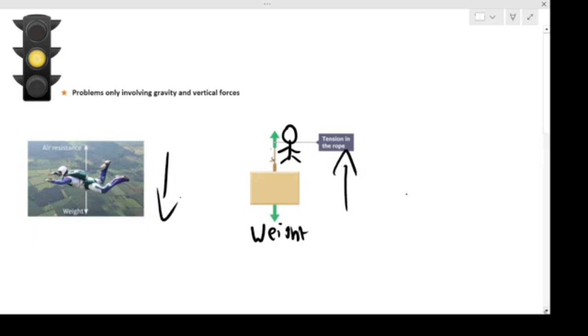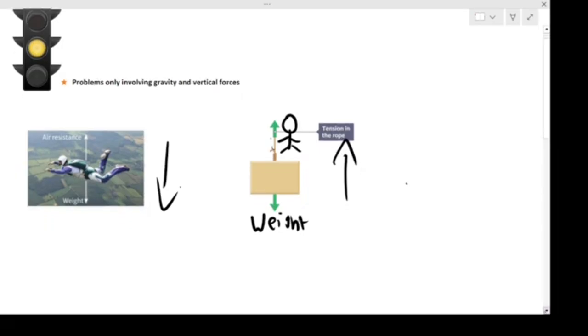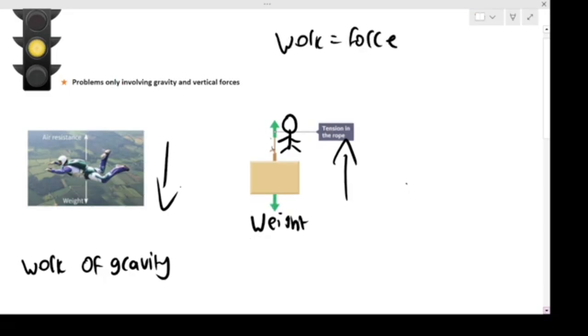So what we want to do here is look at the work done specifically of gravity. Now gravity, the force that represents gravity is weight. We've seen that in general work is force times distance.